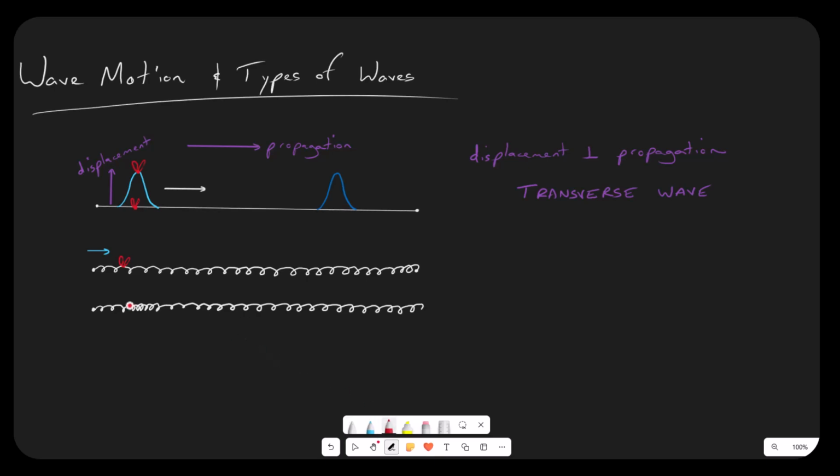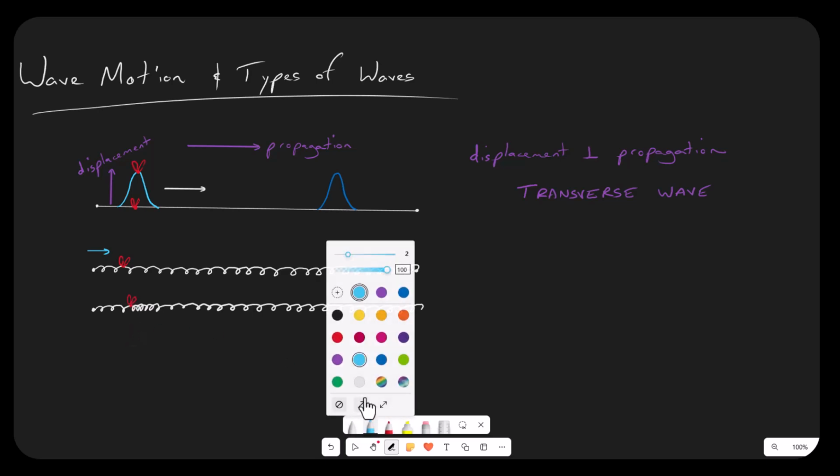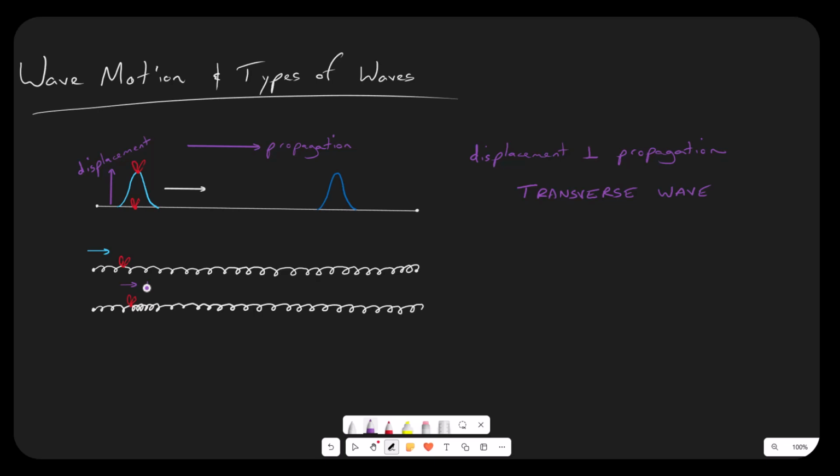I have my ribbon, and it has moved to the right. So my displacement is to the right. Now, if I let this thing go on for a little while, later on, it will look like this.